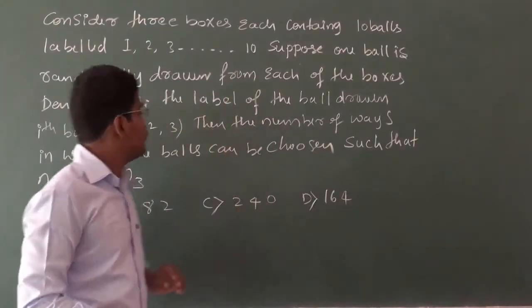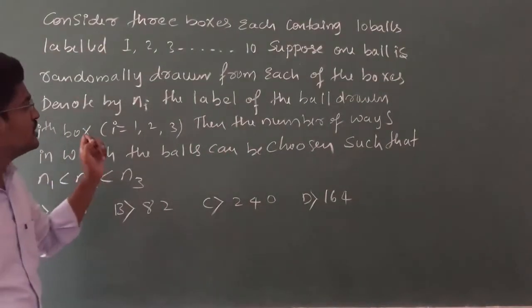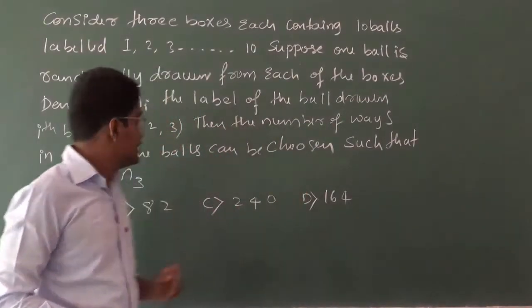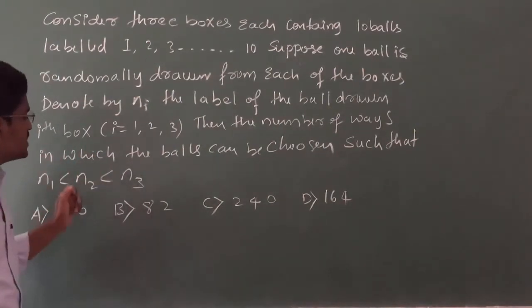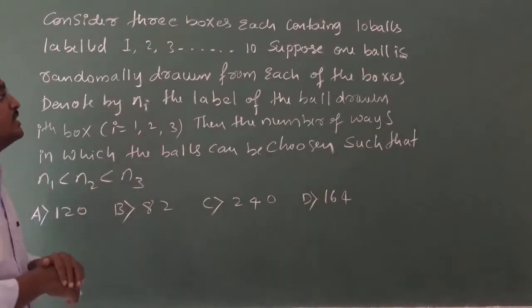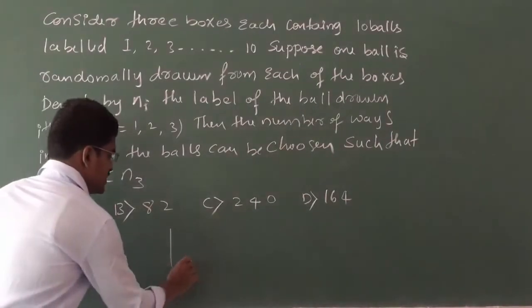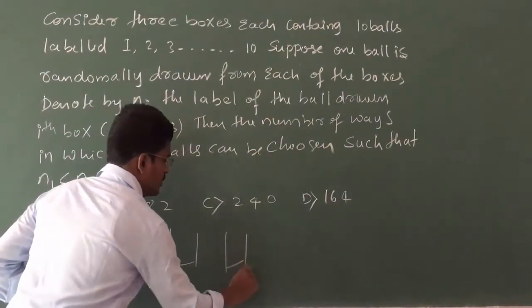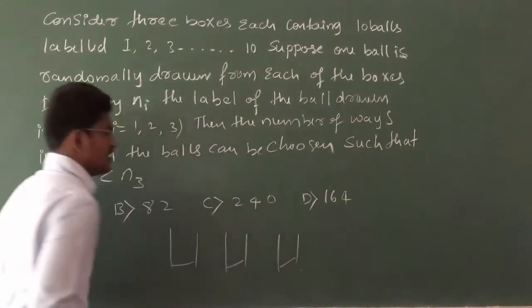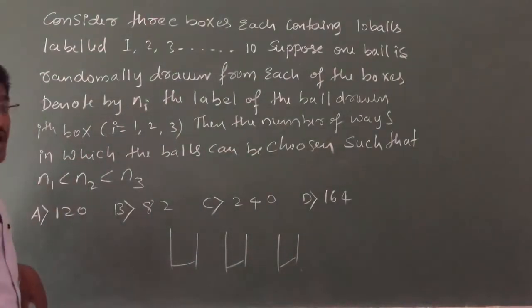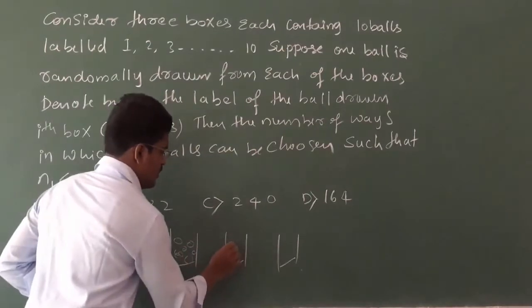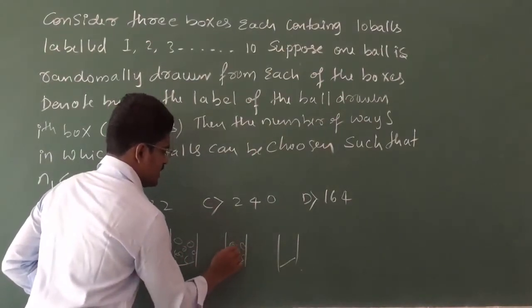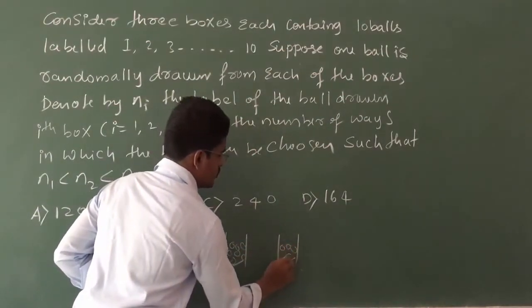Then the number of ways in which the balls can be chosen such that N1 is lesser than N2 is lesser than N3. Okay, students. See, there are 3 boxes, and you have 10 balls in each, labeled 1, 2, 3, so on to 10.